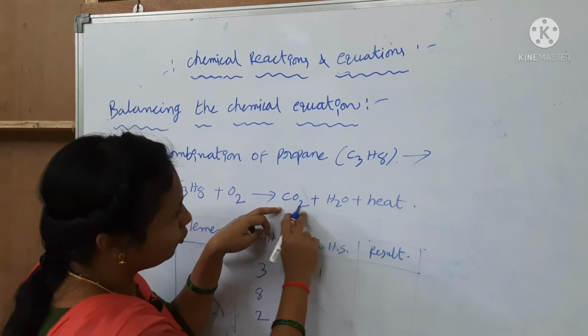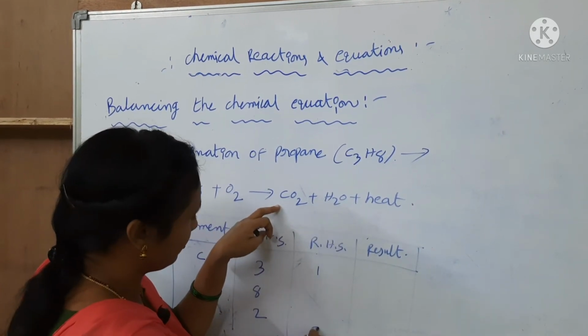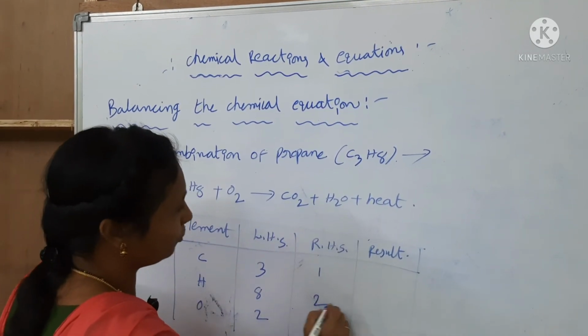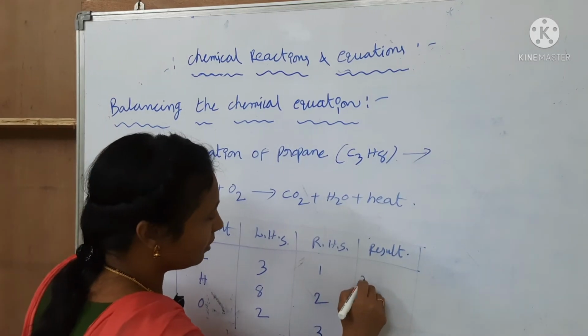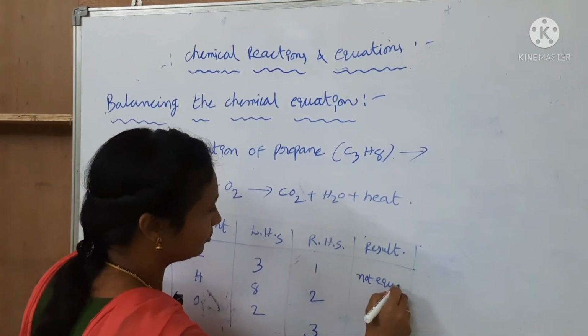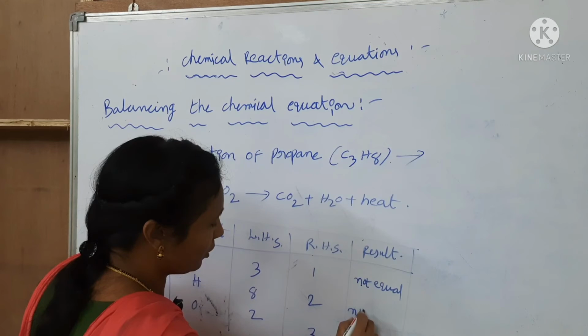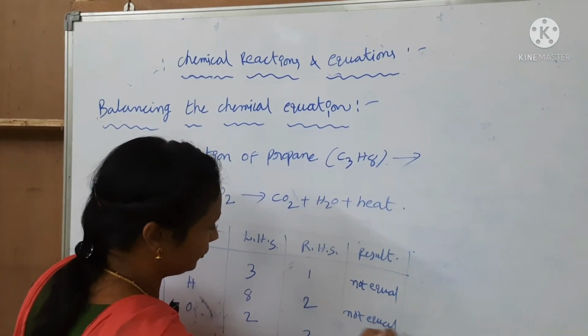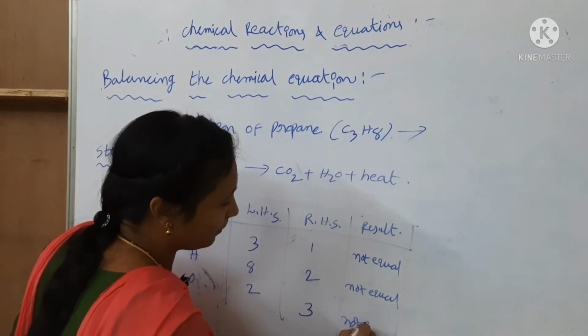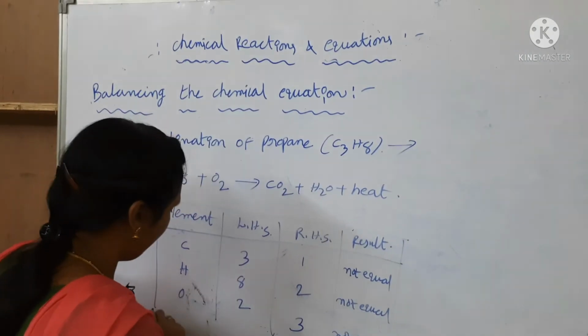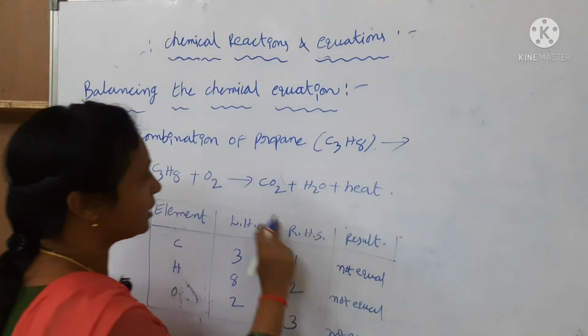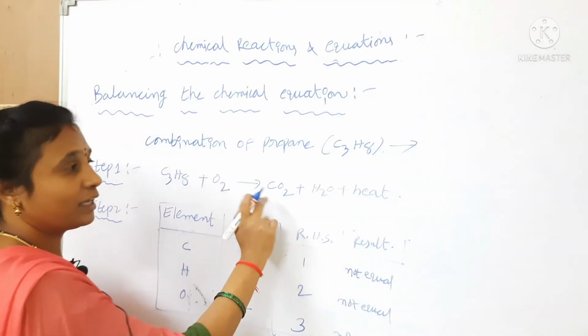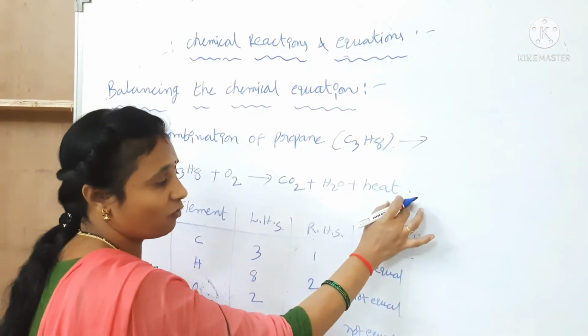Oxygen is 2 plus 1, 3. Hydrogen is 2. Here the result is not equal. 2 and 3 are not equal. Therefore, the given equation is an unbalanced equation. The given equation is the skeleton equation.